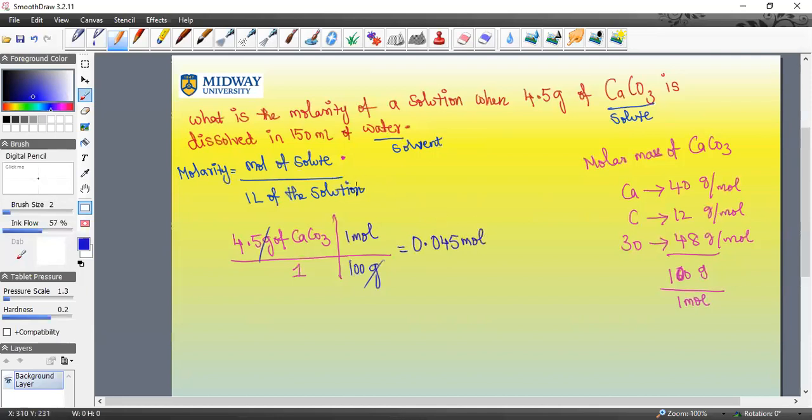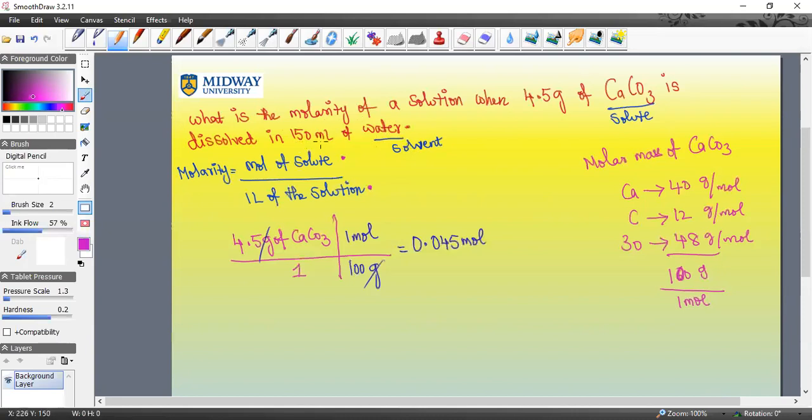So we just figured out the top portion of the problem. We still have to figure out the bottom portion. Whatever the volume of the solvent, if it's in milliliters, you have to convert it into liters. If it's already given in liters, then you don't need any conversion.